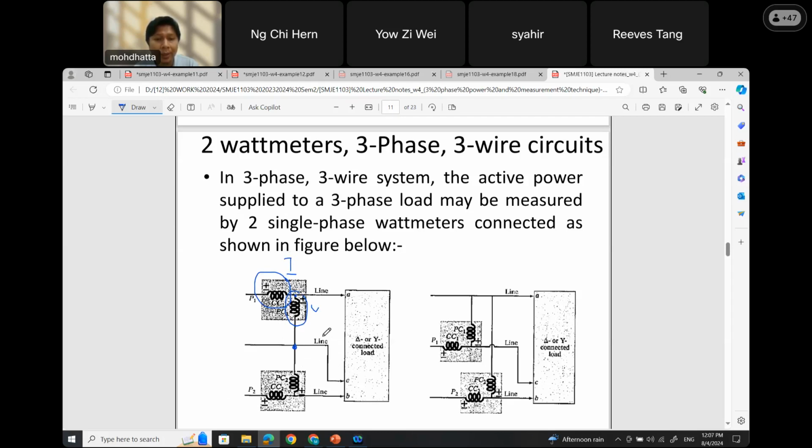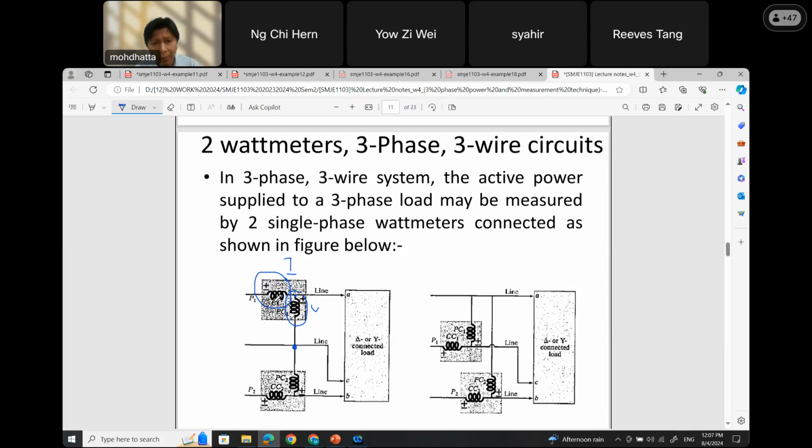You also understand that to measure the voltage, we must put a voltmeter in parallel, right? So this is the arrangement of the voltmeter that we have for wattmeters.